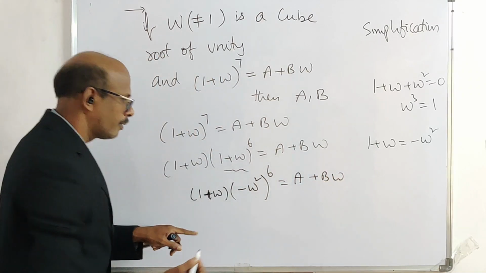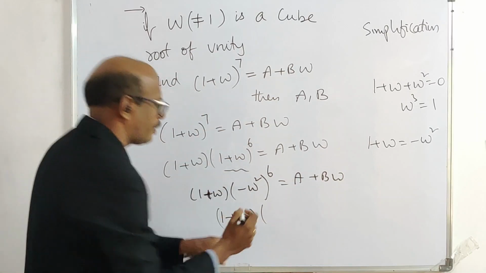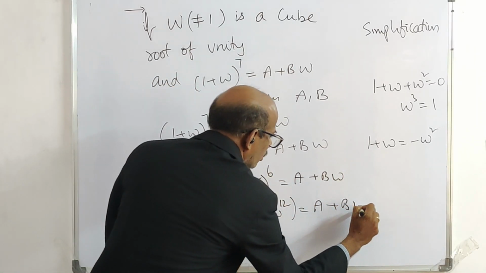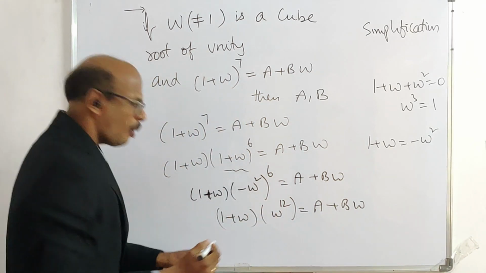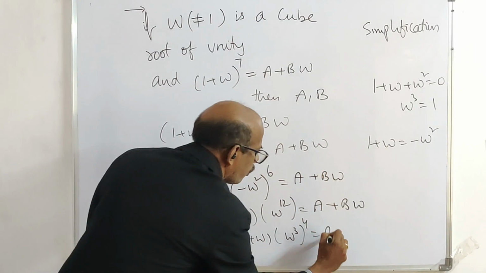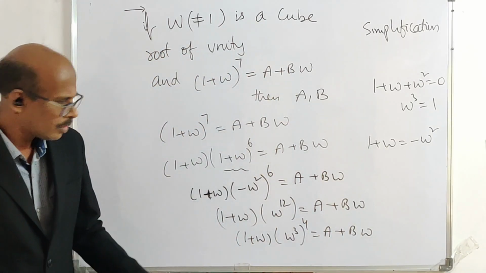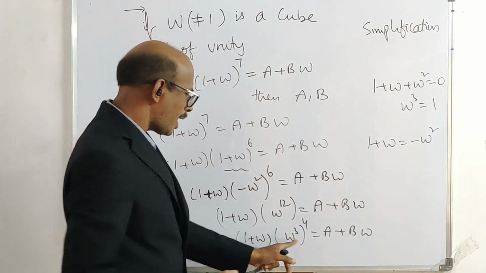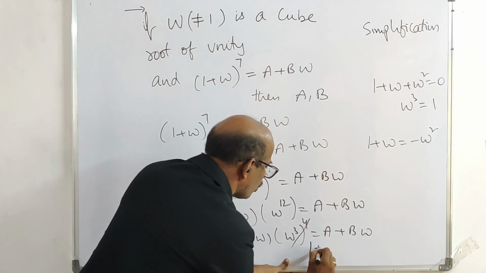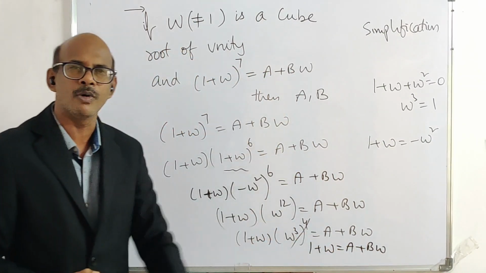Next step, minus whole power 6, an even power, will be plus, and omega power 12. Omega power 12 is omega cube of 4, and omega cube is 1, so it will be 1 power 4, which is 1. So 1 plus omega equals a plus b omega.